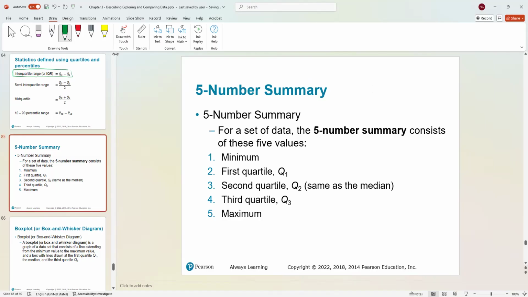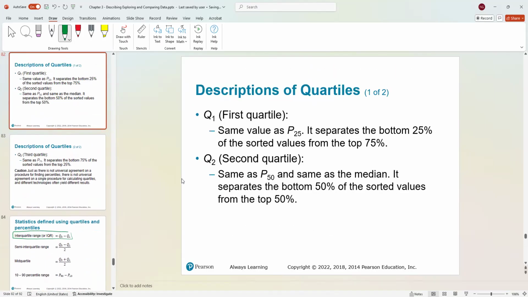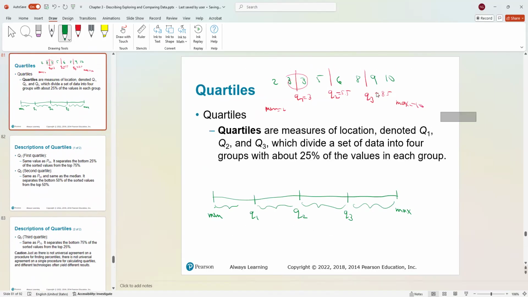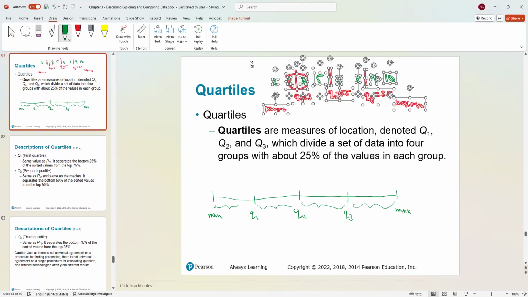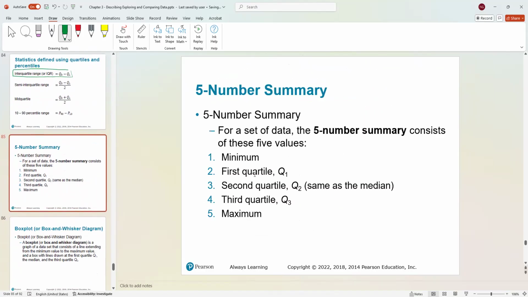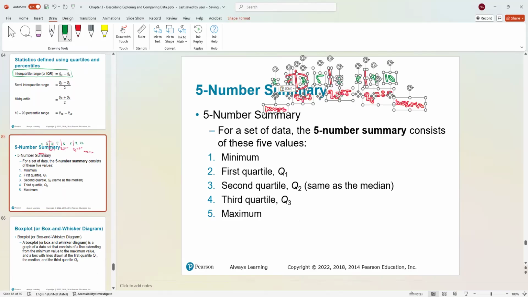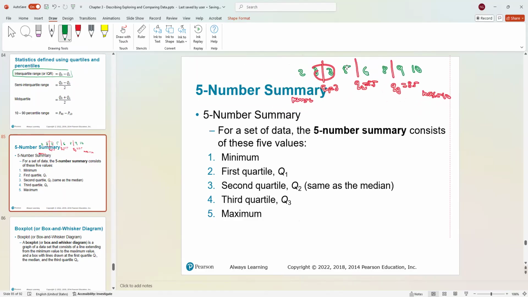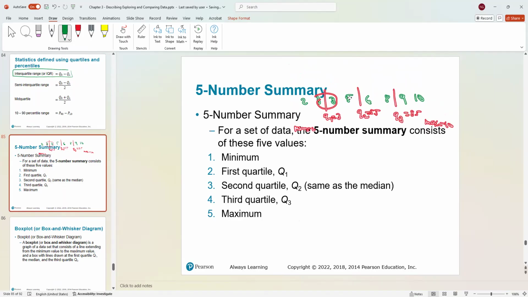So let's suppose the data set I just did, let's go. I wanted to put it in a place where we can see it.